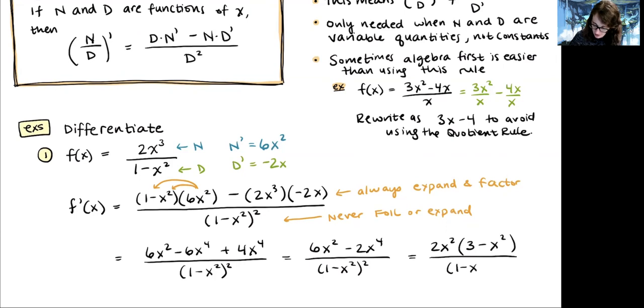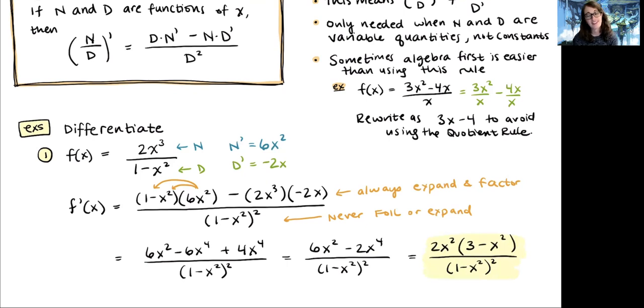And then again, the denominator is going to stay as it is factored. Now, finally, what you can do is look and see if there are any similar terms in the top and in the bottom that we could cancel. In this case, we don't have anything that we could cancel by dividing, so this is fully simplified. So here's our fully simplified derivative.